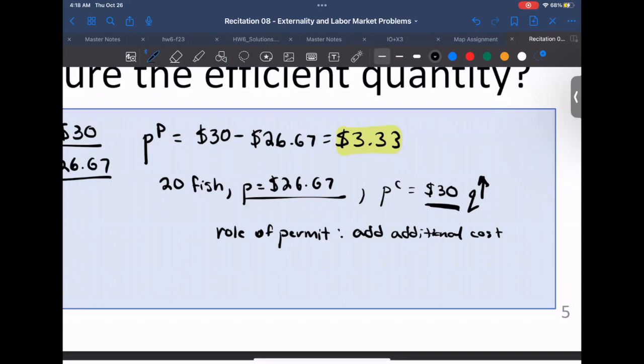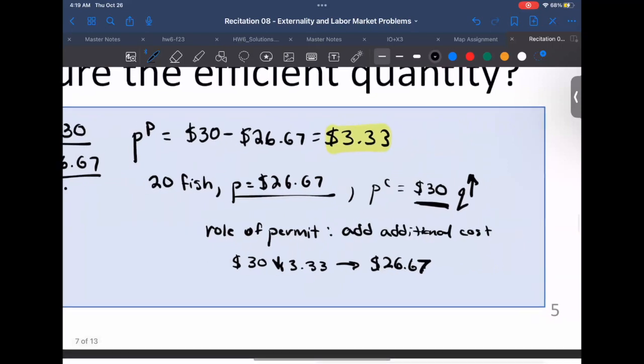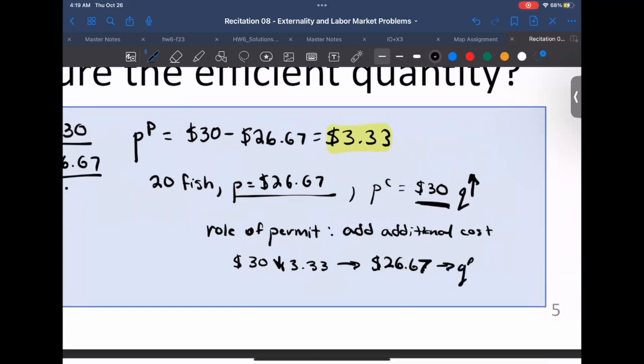So that's why we end up with $30. You bring it down by $3.33 to get us to the price that Ben and Jerry would sell their fish, where we come up with the efficient quantity of QE equal to 20.